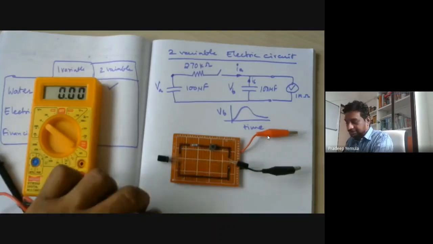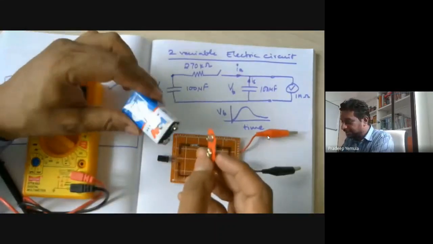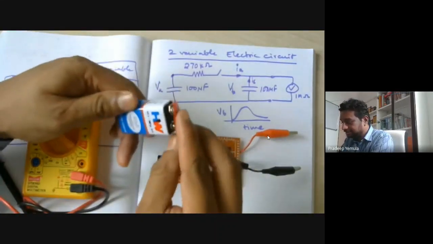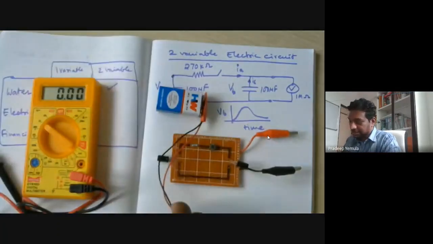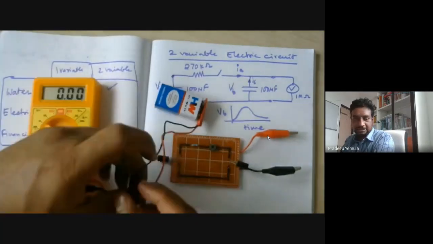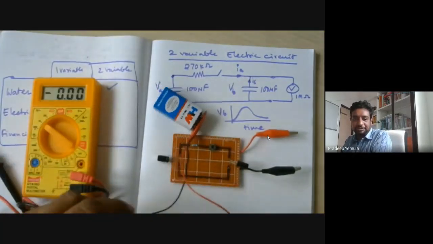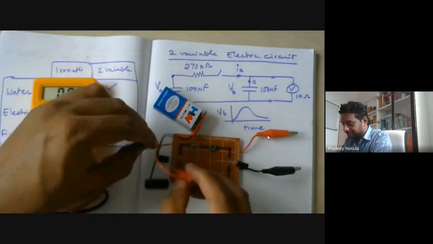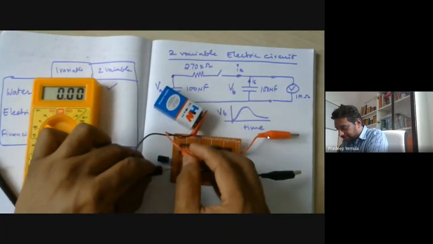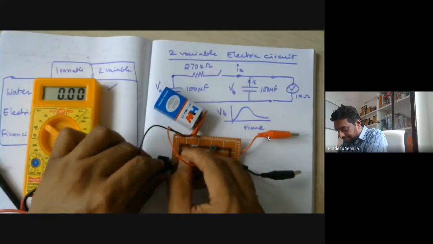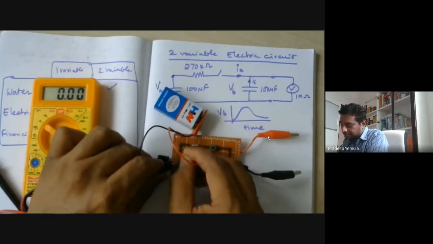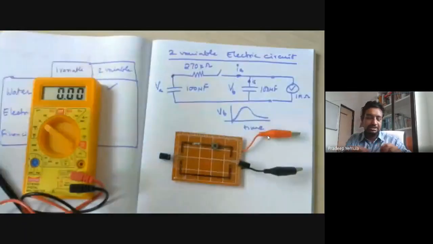I connect the clip for the battery terminals, and then here I will simply short circuit this first capacitor. Again we should be careful to give positive and negative correctly. So I short circuit the capacitor, and now the capacitor is completely charged.